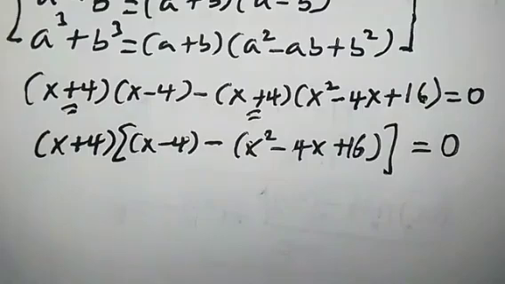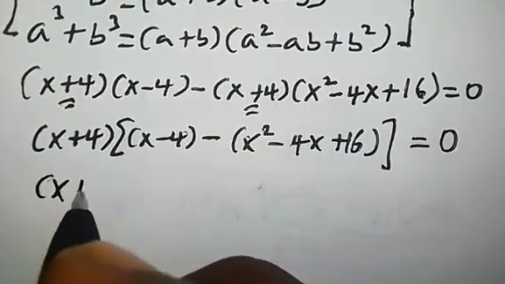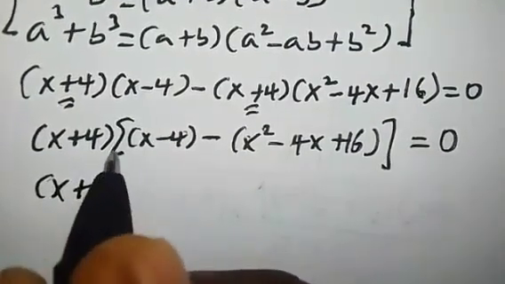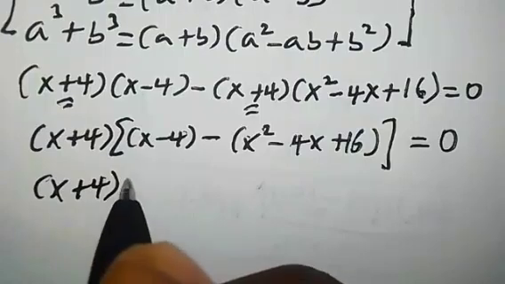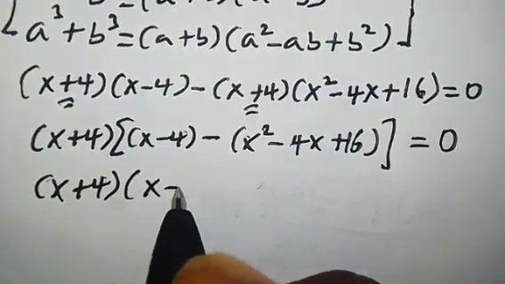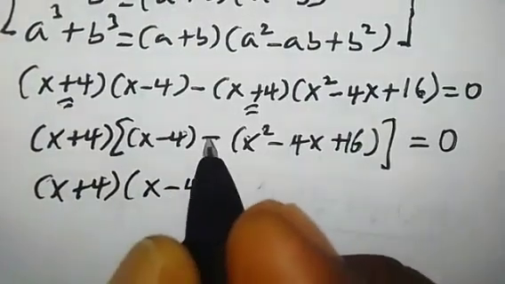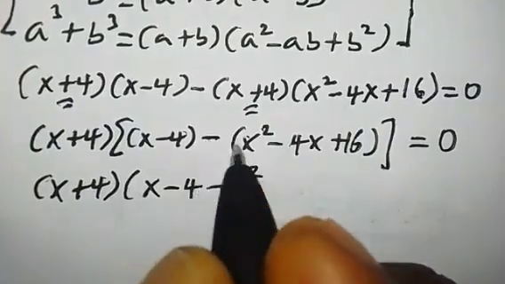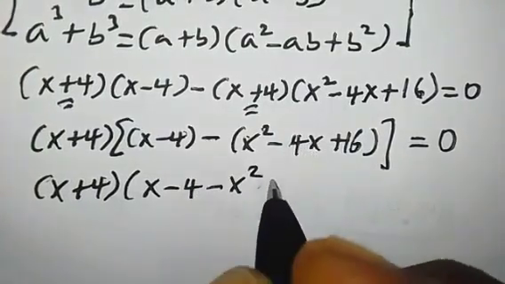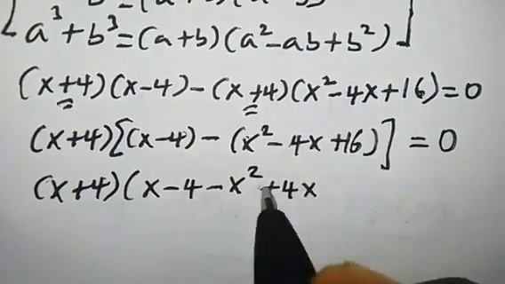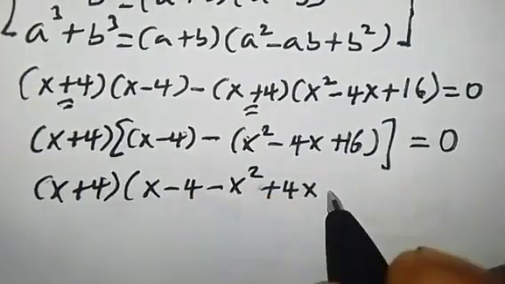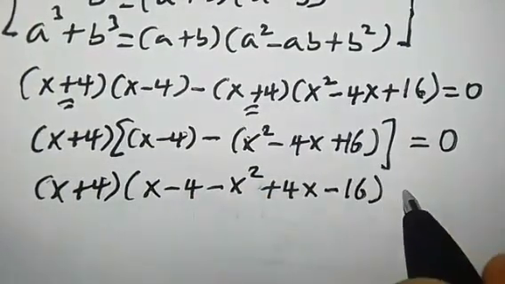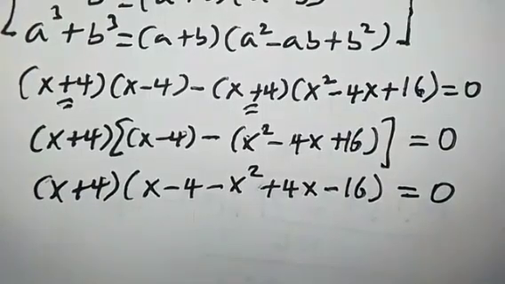Let's continue. x plus 4, let's drop these square brackets now. So we have x minus 4 minus times x square, that is minus x squared, minus times minus 4x plus 4x, minus times 16 minus 16 equal to 0.